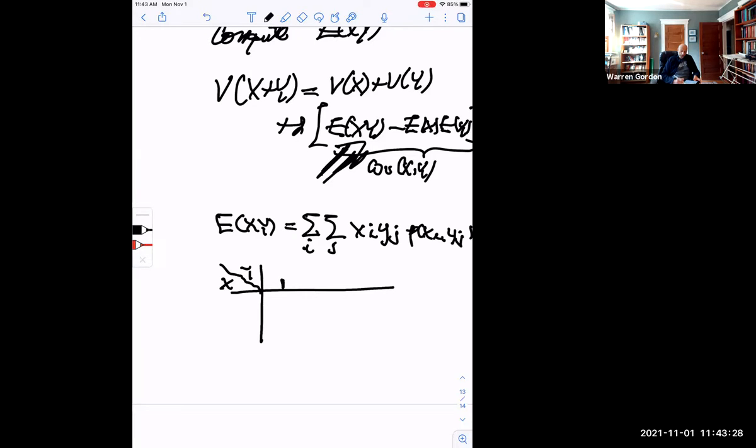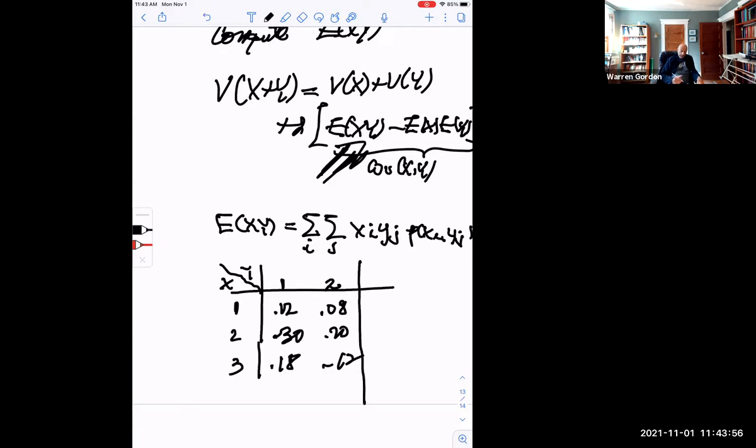X is 1, 2, 3, and Y is 1, 2. And let's suppose the entries are 0.12, 0.08, 0.30, 0.20, 0.18, 0.12. Okay, so we have this distribution right here.